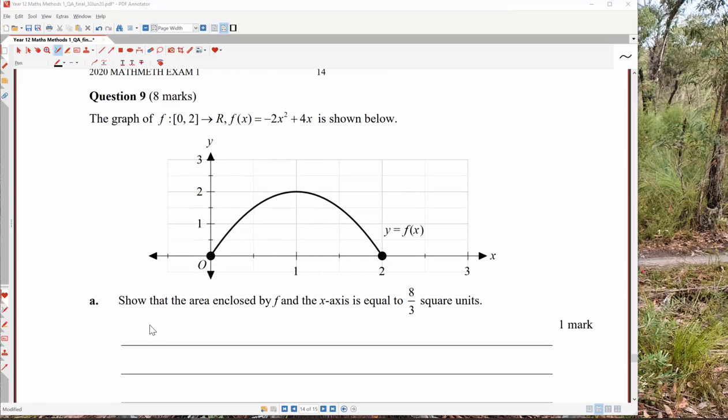Okay, so we're going to say area equals the integral between 0 and 2 of f of x dx.